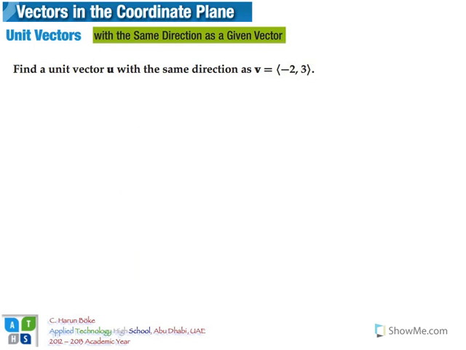Find a unit vector u with the same direction as v, which is given in component form as <-2, 3>. We have a formula to do this. To find the unit vector, we are going to use this formula.